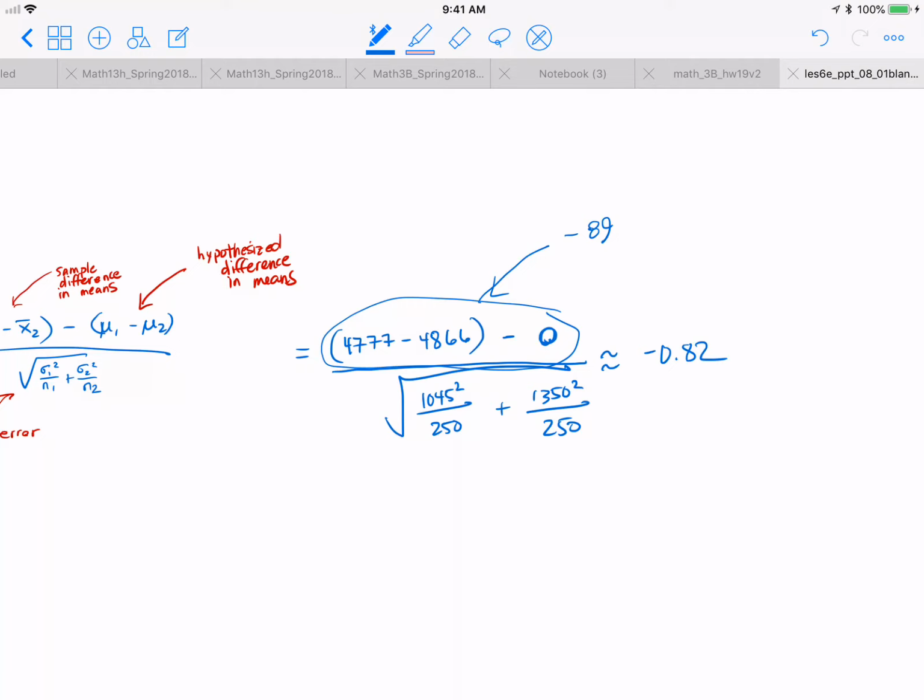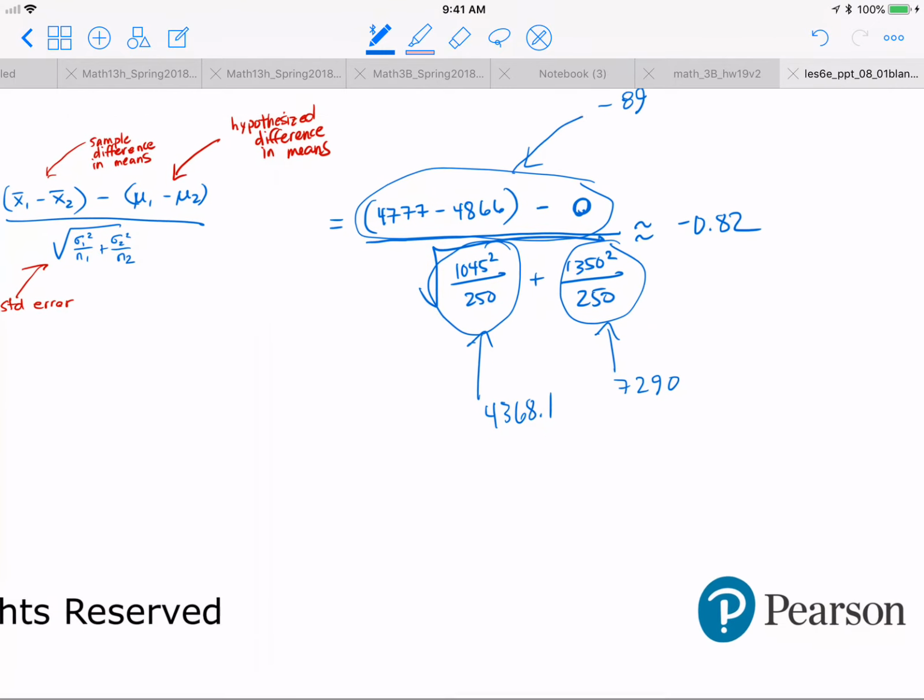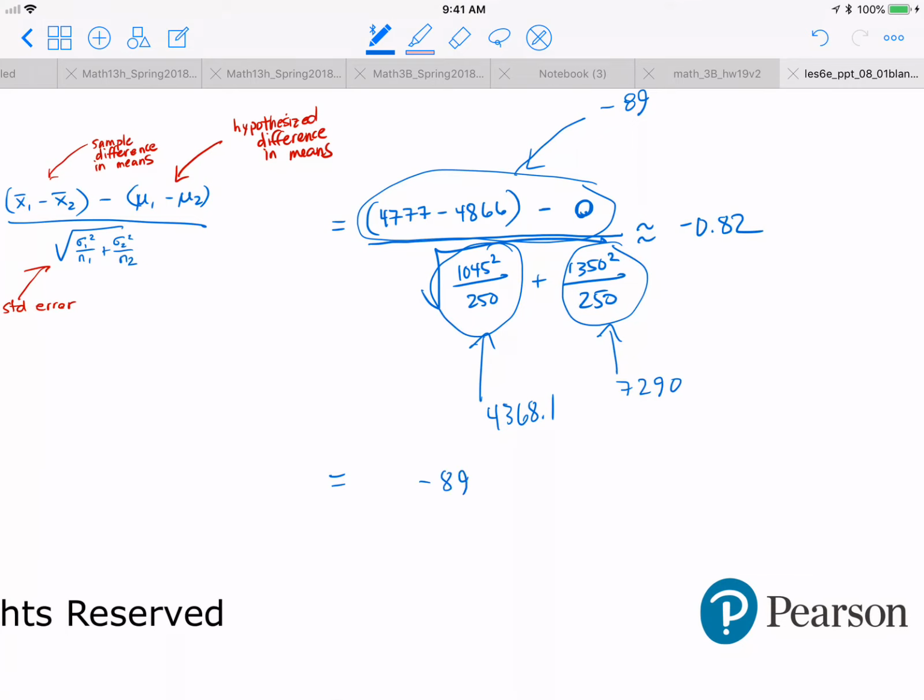This is 4368.1. And now 1350 squared over 250. This is 7290. So I've got negative 89 over the square root of 4368.1 plus 7290.